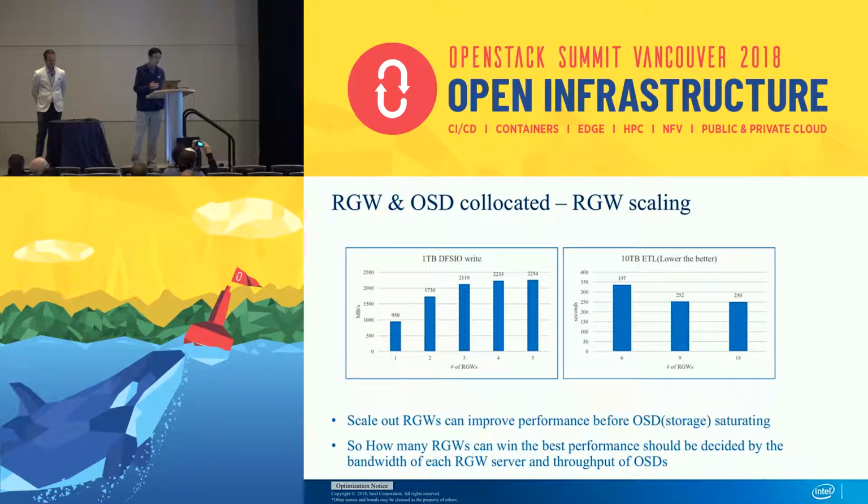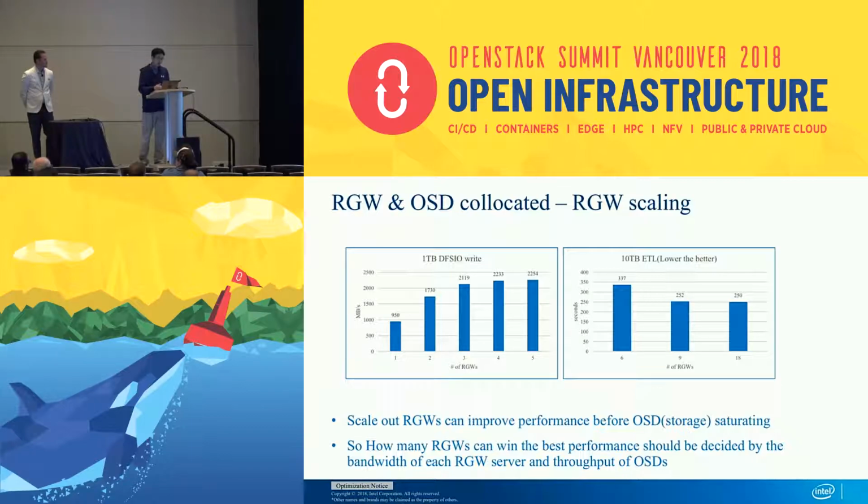We then did more tests with Redis gateway scaling. In the previous configuration, we only set up one Redis gateway for each OSD server, and then we tried to use more Redis gateways for each server. For example, for each OSD, we use 2 Redis gateway instances to see if the performance improves. And we got some findings here.